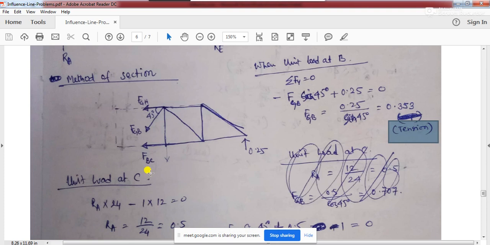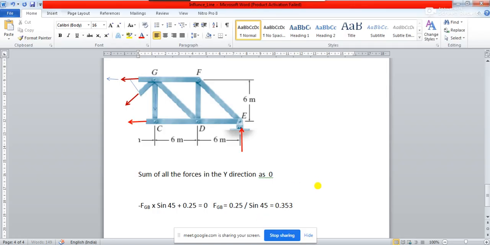Now see, I have written here by the side that it is tension. Why have I written tension? Because in the member I have assumed this load is acting as a tensile force, and I got a positive sign. That means the assumed load direction is correct. So this FGB will be positive, or it will be tension.